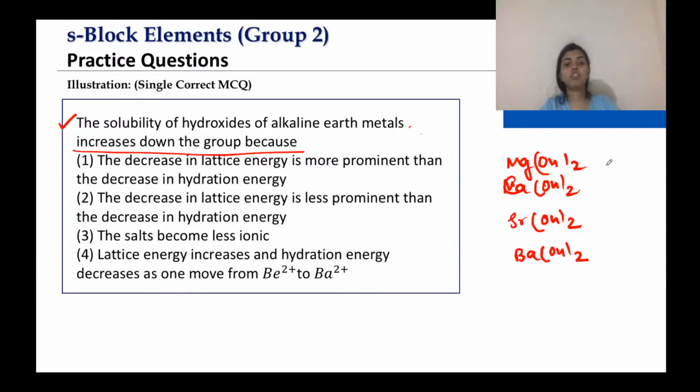How do we define solubility? I have already told you many a times how can you define that a particular compound is soluble or not. What is the criteria for a compound to be soluble?